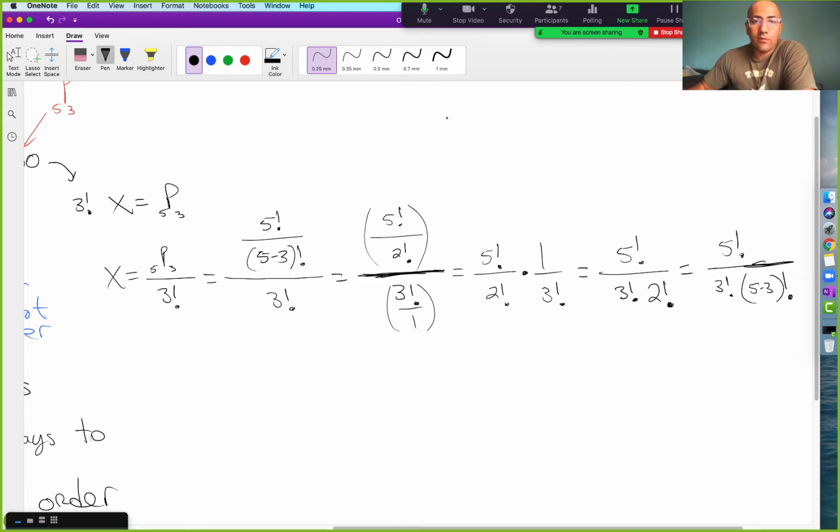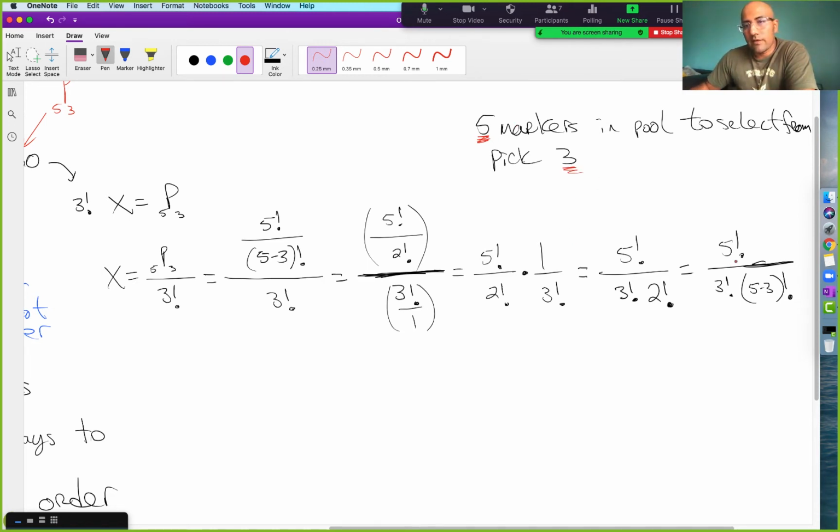So notice that we had 5 markers in the pool to select from, and we were going to pick 3. So the numbers we're working with are 5 in the pool, pick 3.